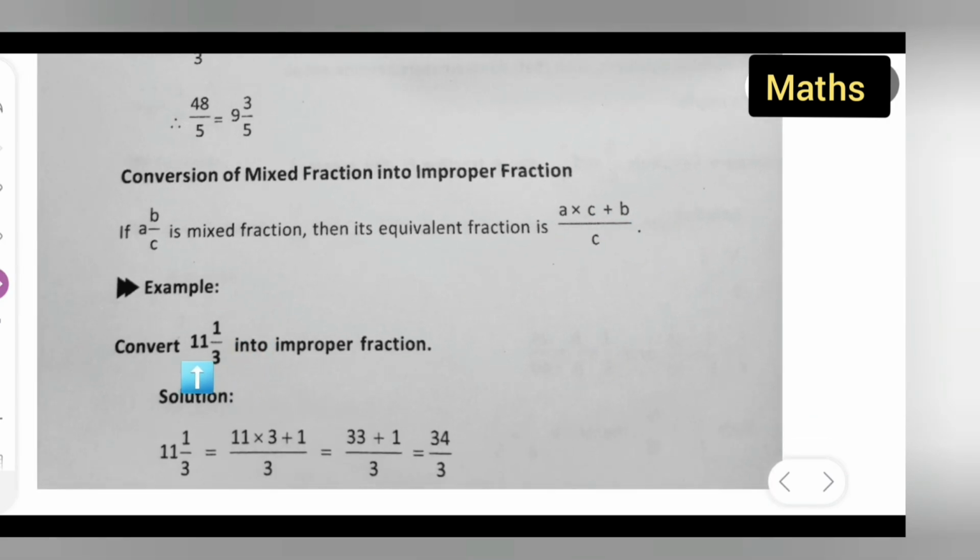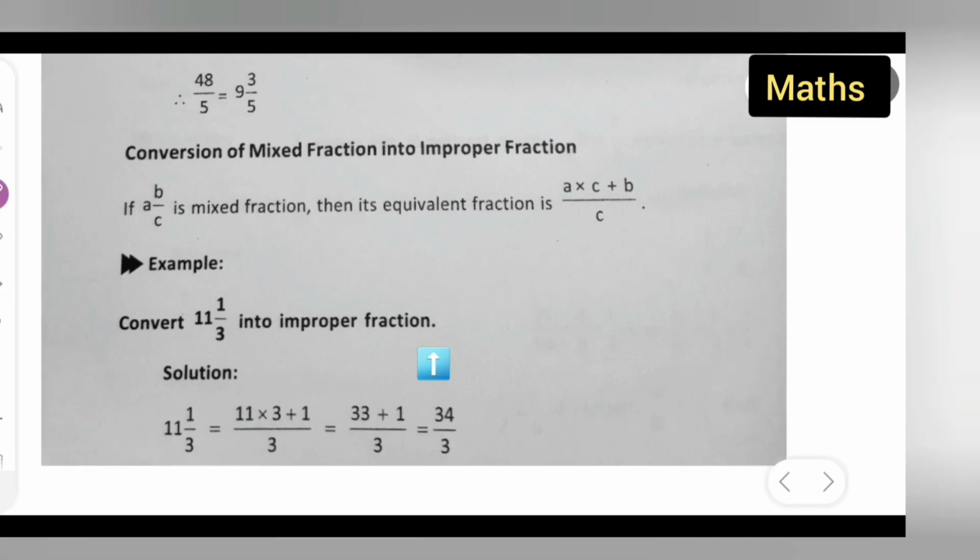Example, you all have 11 and 1 upon 3 to convert into an improper fraction. You all have to convert this into an improper fraction. So this is the last part. With the help of the example, let me explain to you all. So basically it is in the form of quotient, remainder upon divisor. Okay, so this is 11 and 1 upon 3.